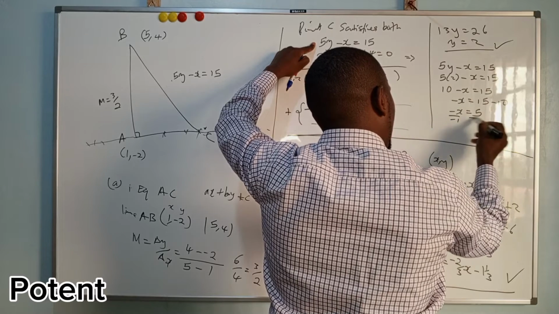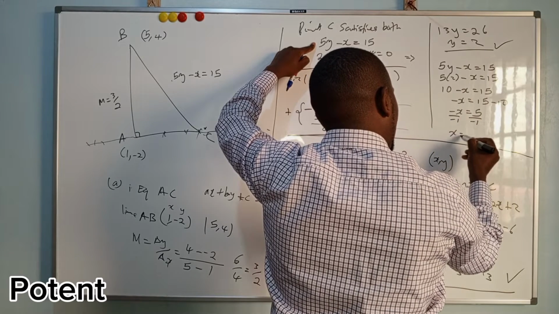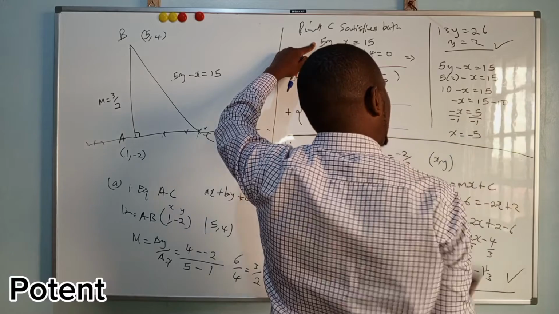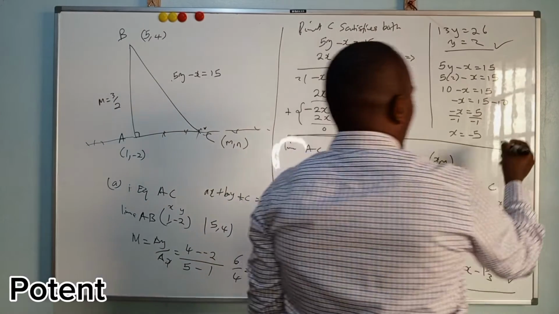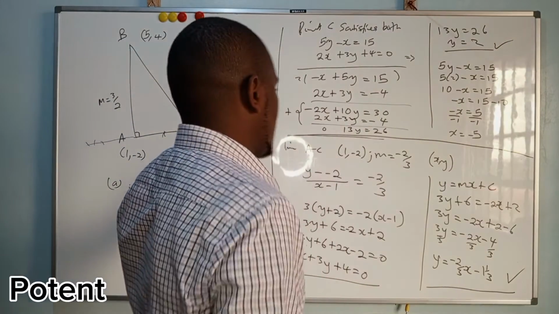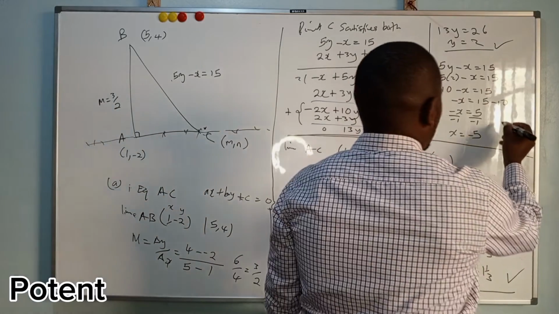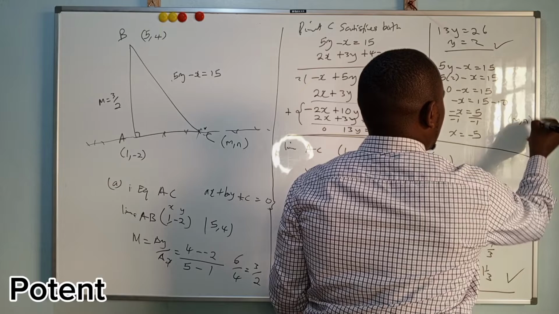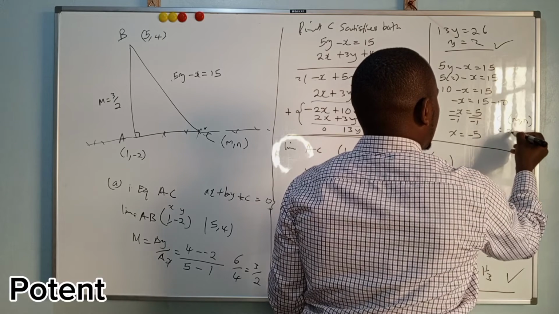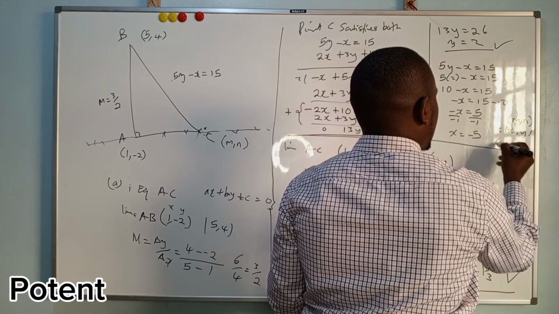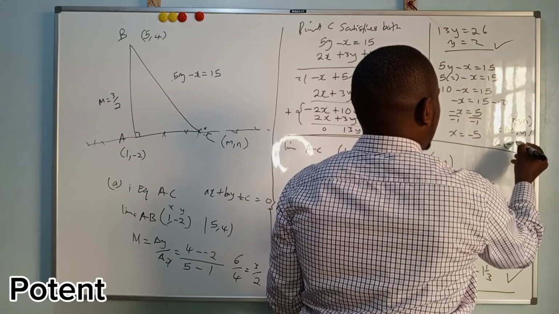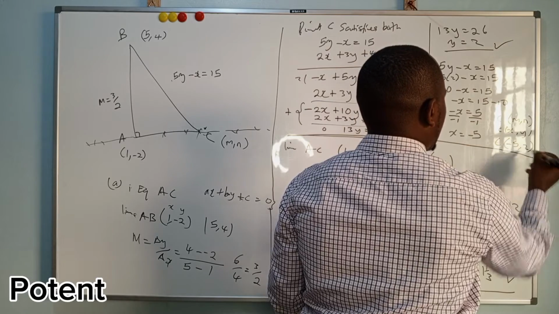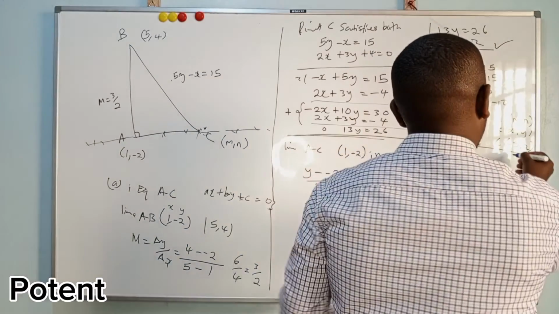Divided by negative 1, x equals negative 5. So the coordinate C, given as C(x, y), is C(negative 5, 2). So this is the answer.